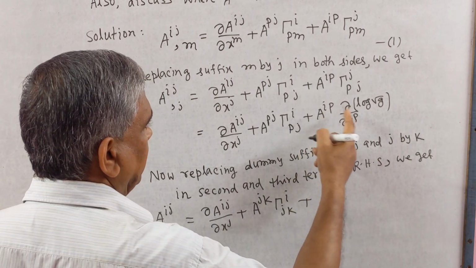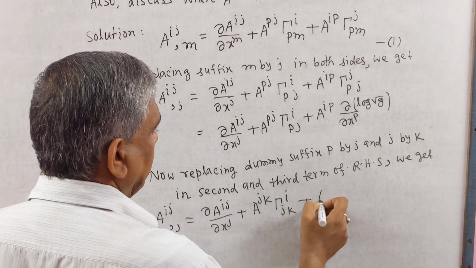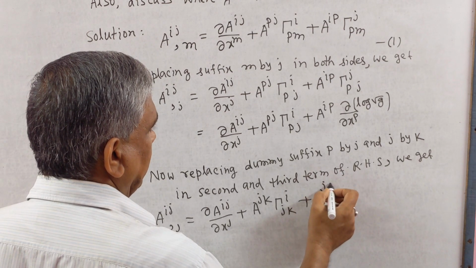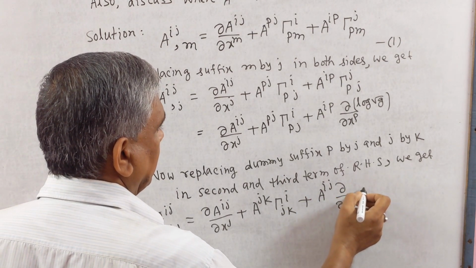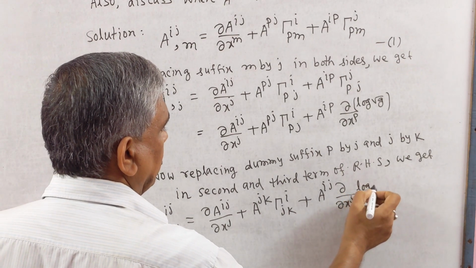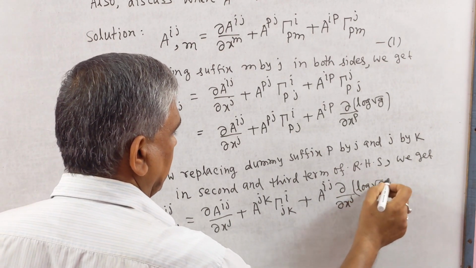Here in place of p we write j, A^ij del by del x^j of log square root g.